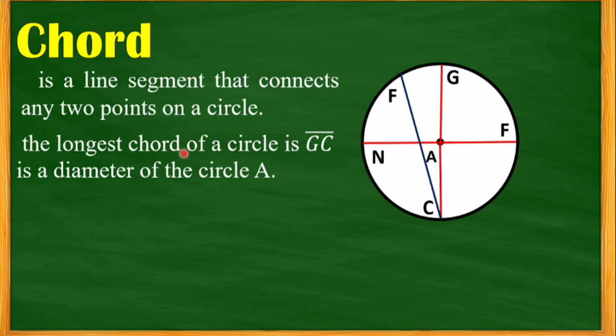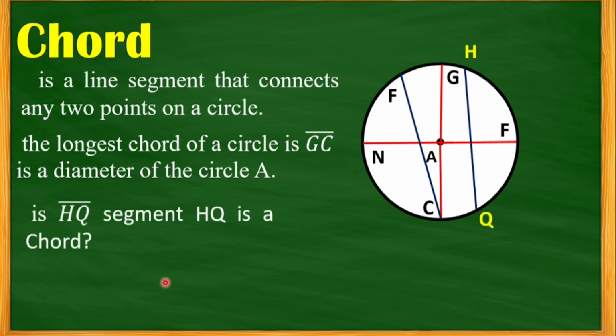So the longest chord of the circle is segment GC. It is also a diameter of circle A. So how about this one? Segment HQ. Is this a chord? Yes, because it is a line segment that connects 2 points on a circle.